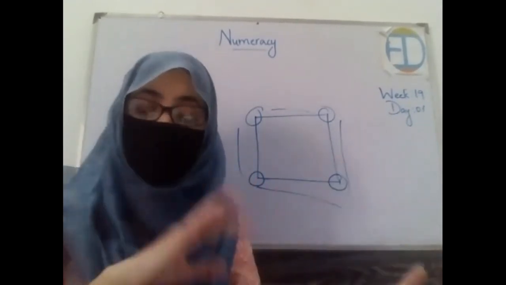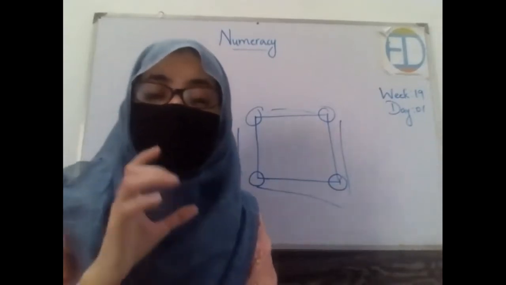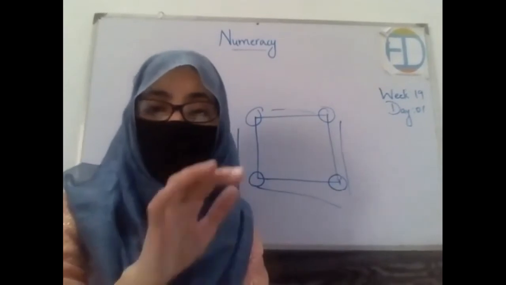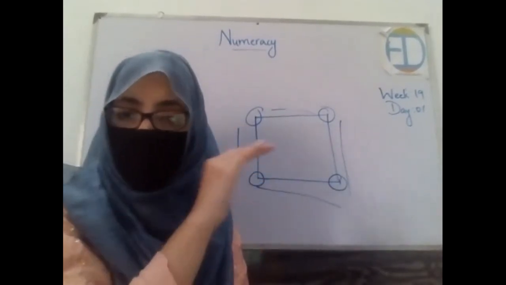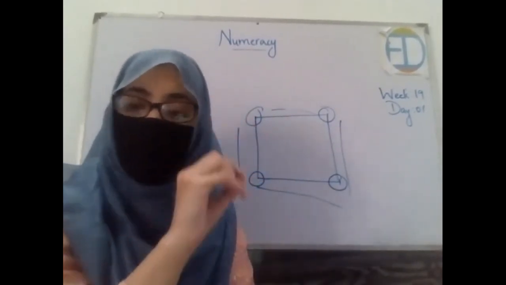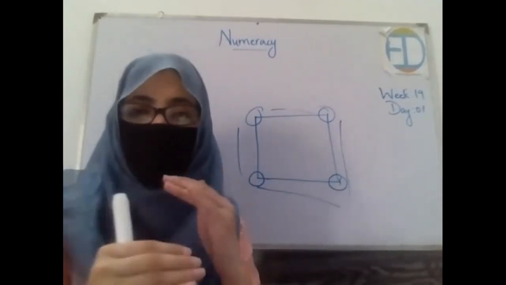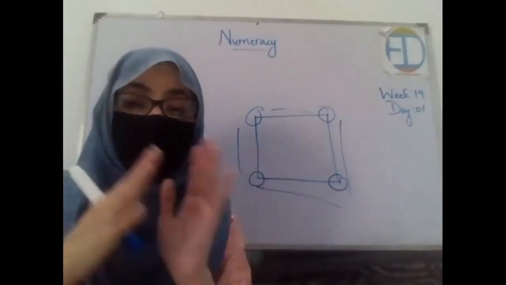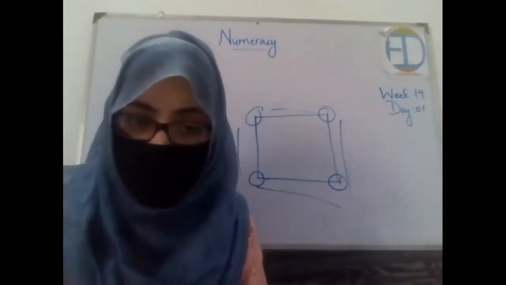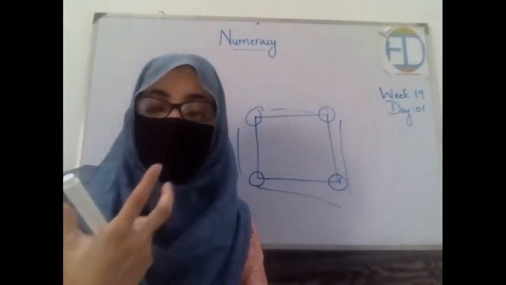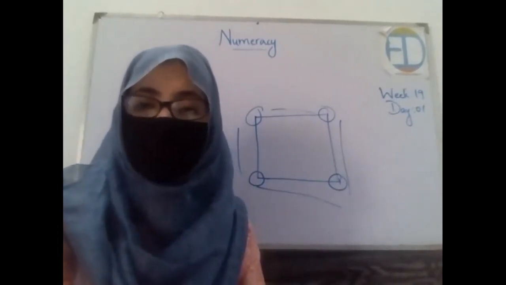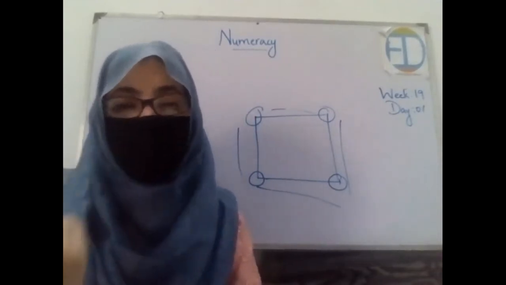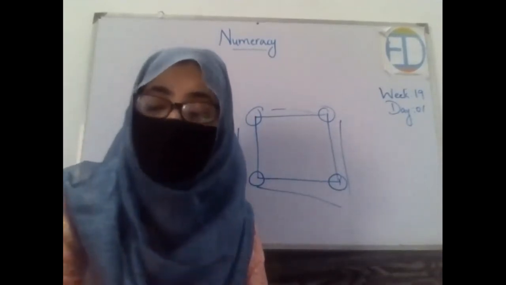Yes, we have both the small and the big one. This means that we can have squares of different sizes as well, right? Now, I want you to draw a square in your notebook and then write down all these points, that a square has four sides. All of the sides are equal in length. How many corners does it have? Four corners. And a square can be big or it can be small.